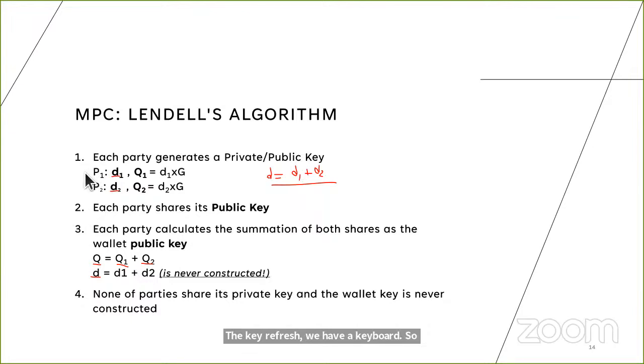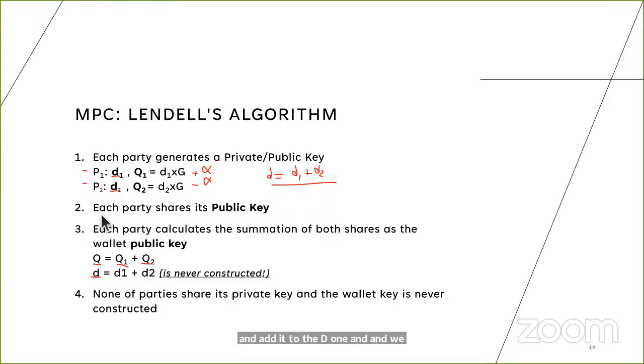For example, in Lindell's, we have D1 and D2. After each signing, we add a random number alpha to D1 and subtract it from D2.